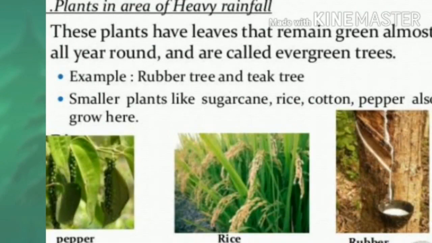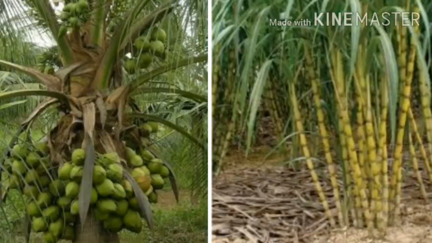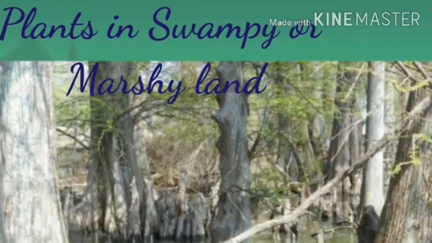They remain green throughout the year, and they are called evergreen trees. Example: cotton, coconut, sugarcane, etc.